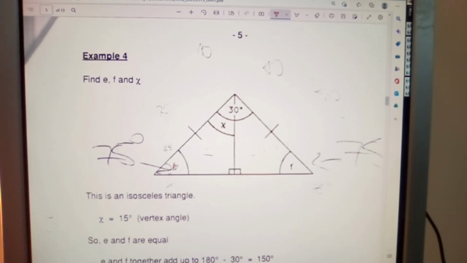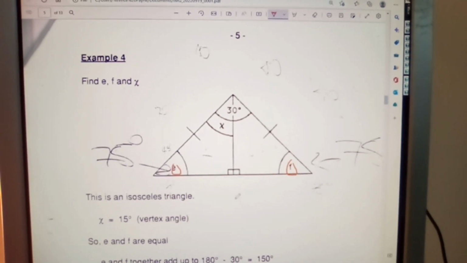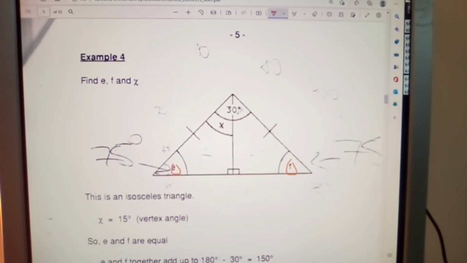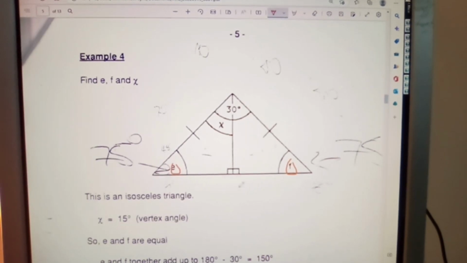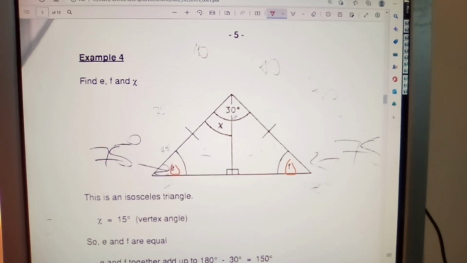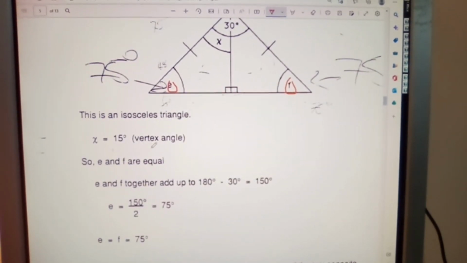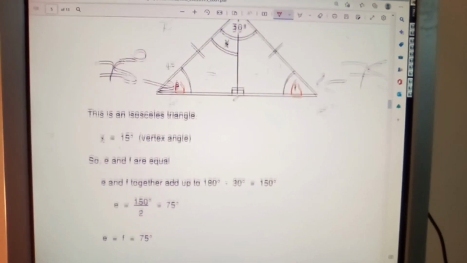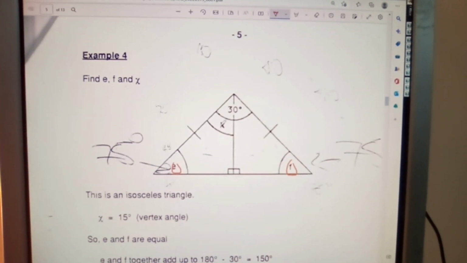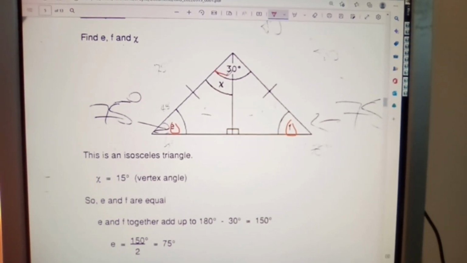Now, X equals 15 degrees, because they're saying that this angle here, all the way across to here, is 30 degrees.